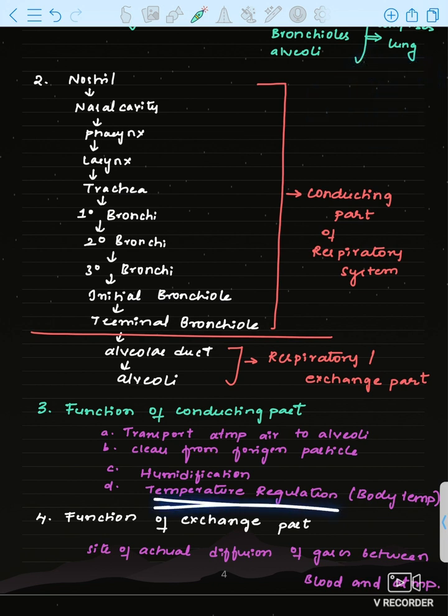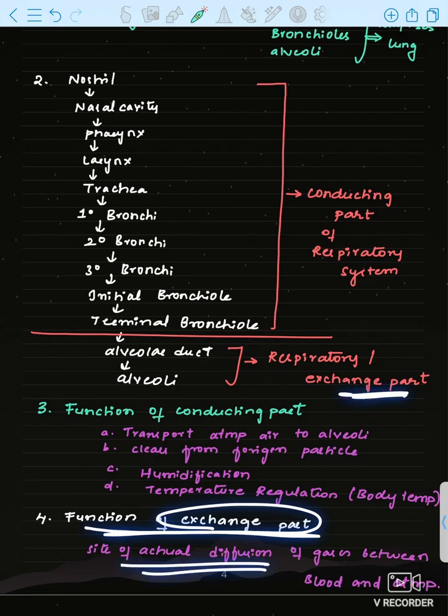Okay, that is the temperature regulation. So the functions of conducting part are transport of gases, clearing the foreign particles, humidification, and temperature regulation. Second, what is the function of the exchange part? I told you it is the actual site of diffusion of gases between the blood and atmosphere. Okay.